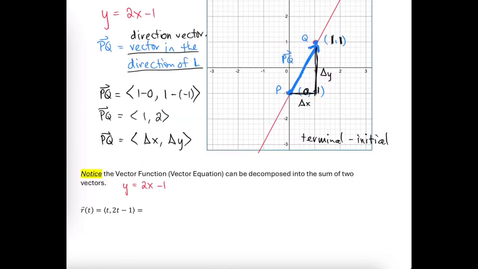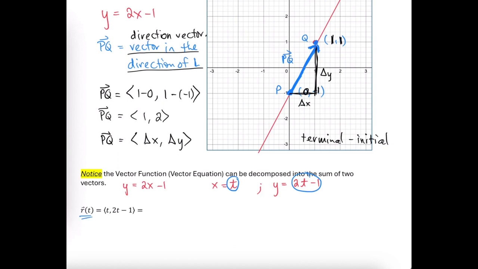As mentioned in a previous video, we can take the rectangular version of this line and parameterize it by letting x equal the parameter t, and then y would be the equation that results by plugging t in for x, so that would be 2t - 1. These could then become the components of what we refer to as the vector-valued function for that line.